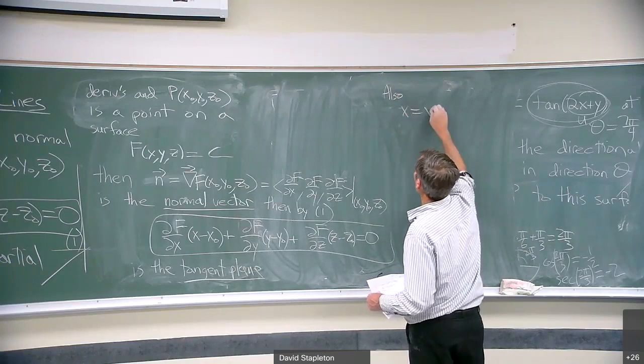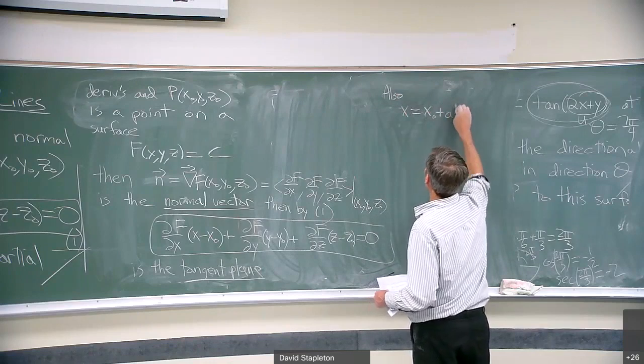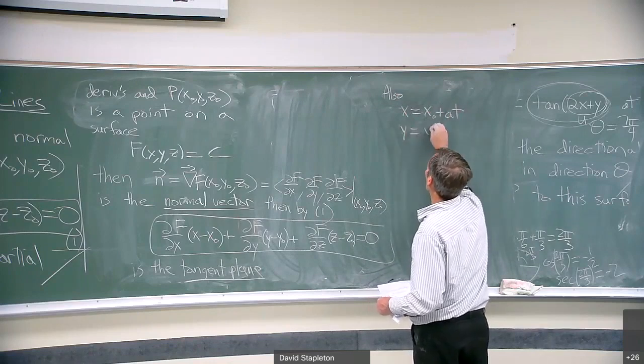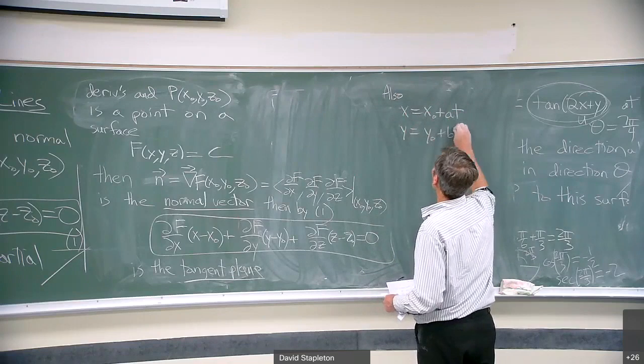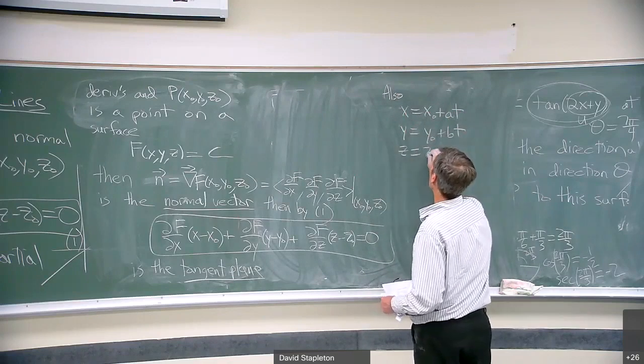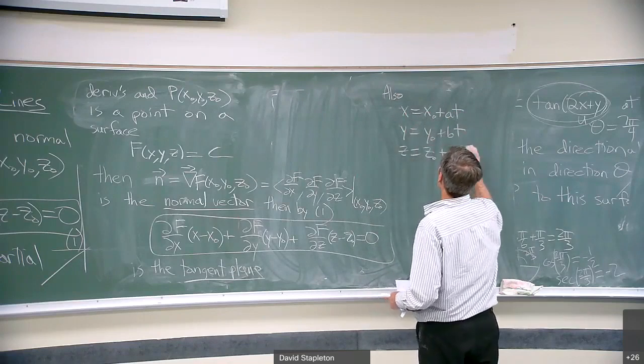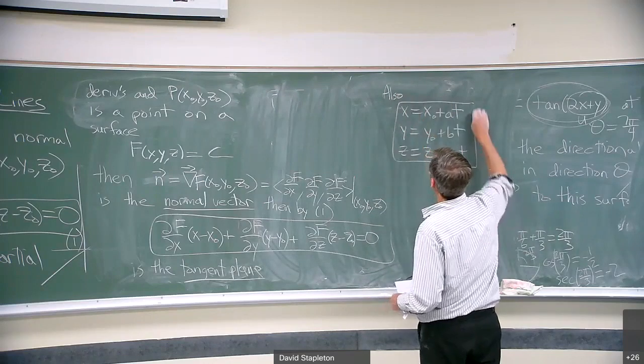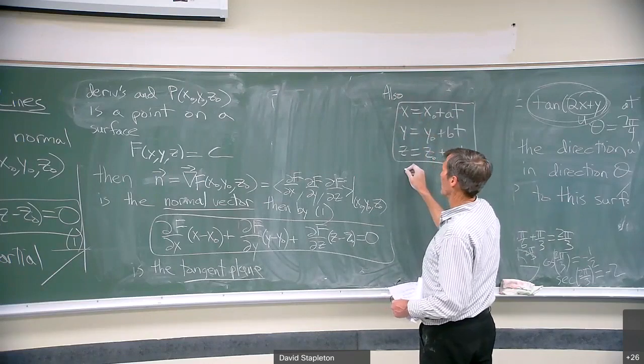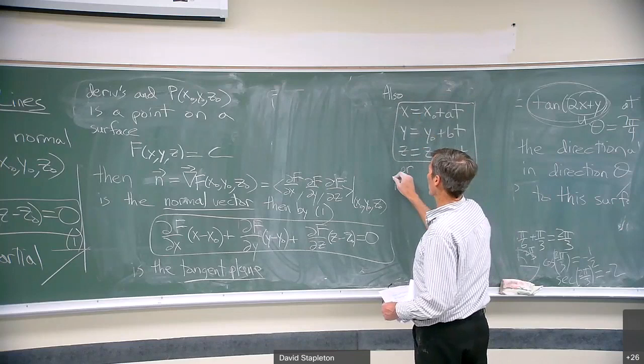But x equals x0 plus at, y equals y0 plus bt, and z equals z0 plus ct are the parametric equations. I'll just put both of them.